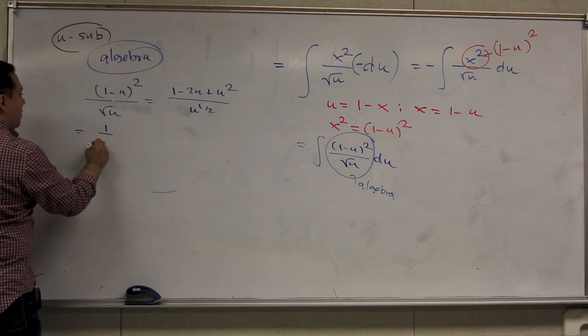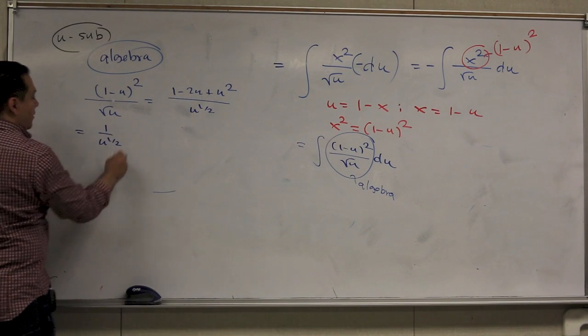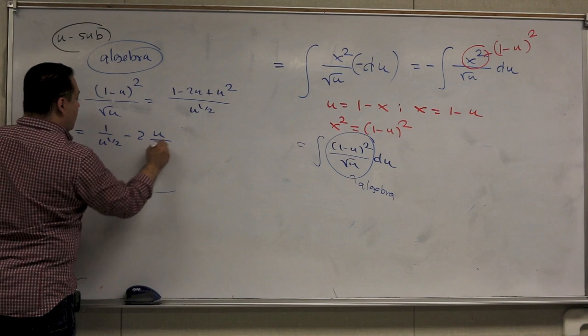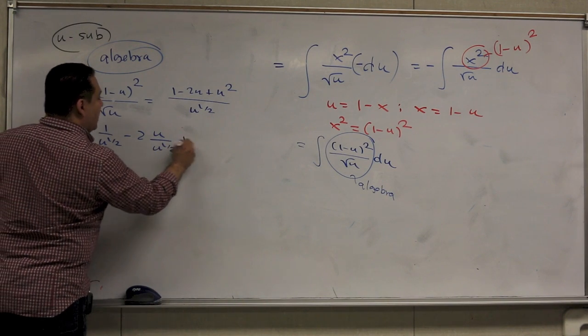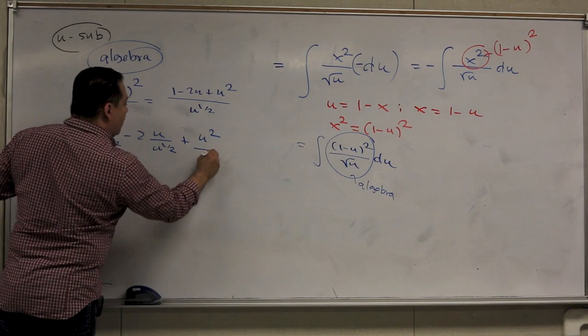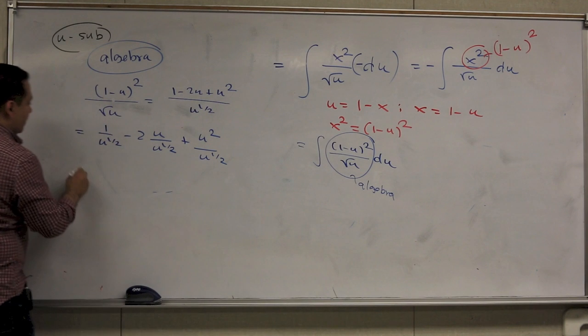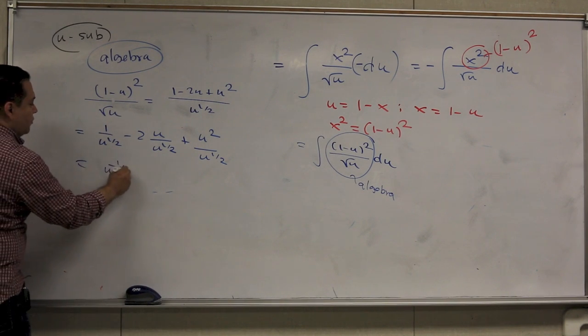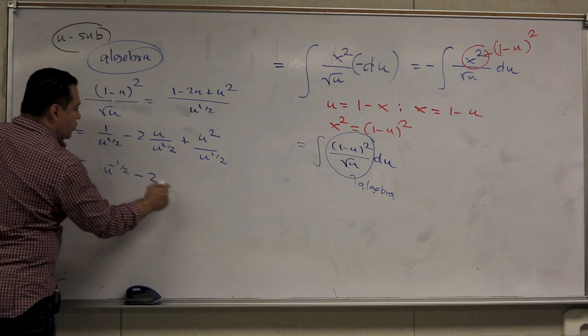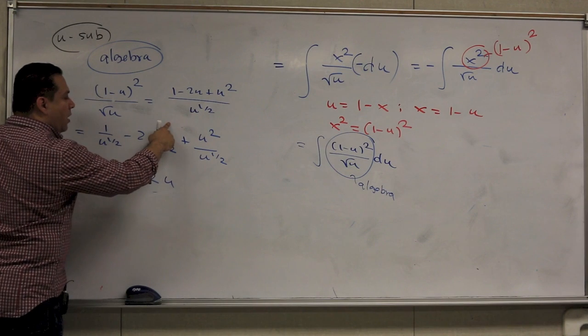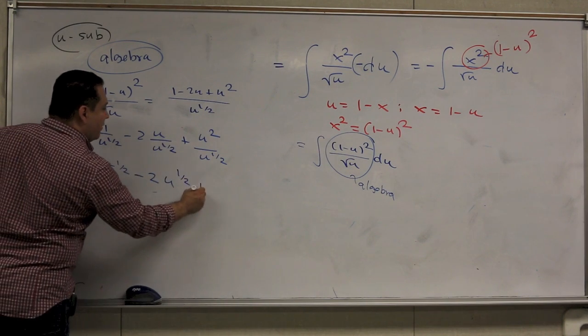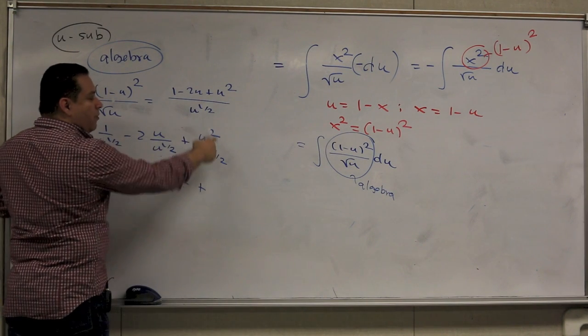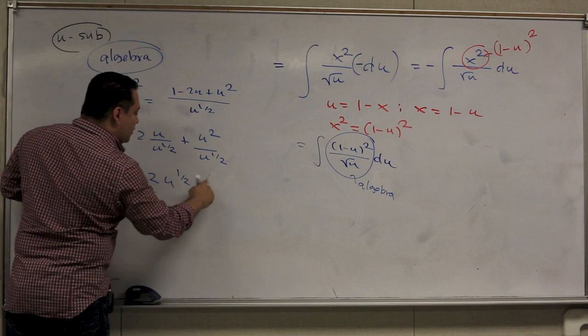So you get 1 over u to the 1/2 minus 2u over u to the 1/2 plus u squared over u to the 1/2. This becomes u to the minus 1/2 minus 2u to the 1 minus 1/2, that is u to the 1/2, plus u to the 2 minus 1/2. That's u to the what?